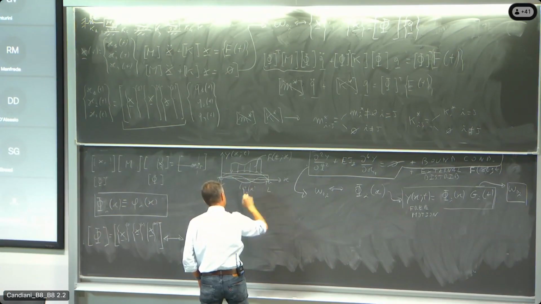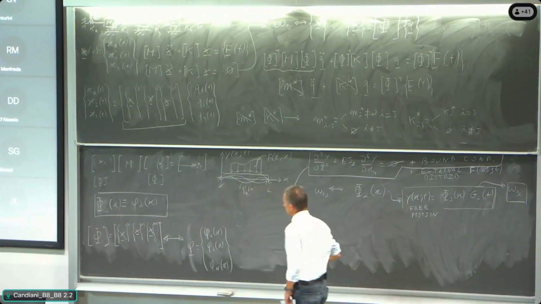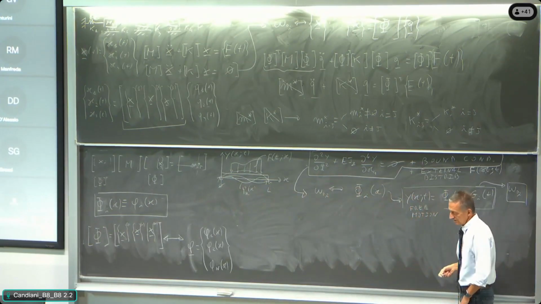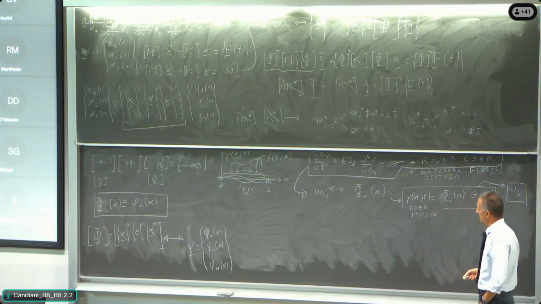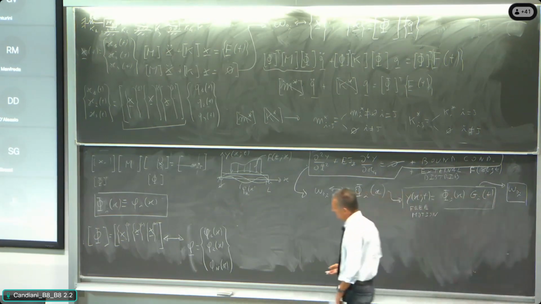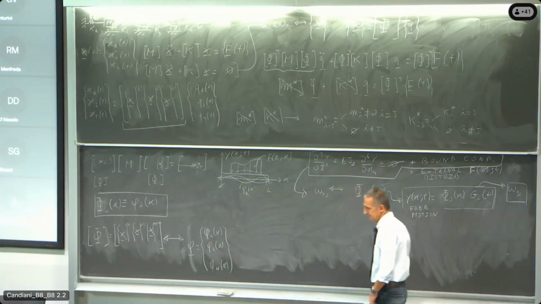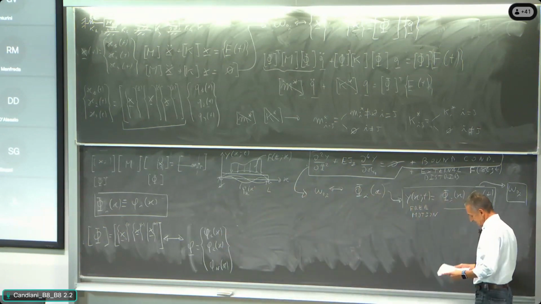Keep in mind that they are the equivalent in the continuum of the modal shapes described as eigenvectors in the n degree of freedom system, and we will use them as a vector of functions made like that. All right? Next.